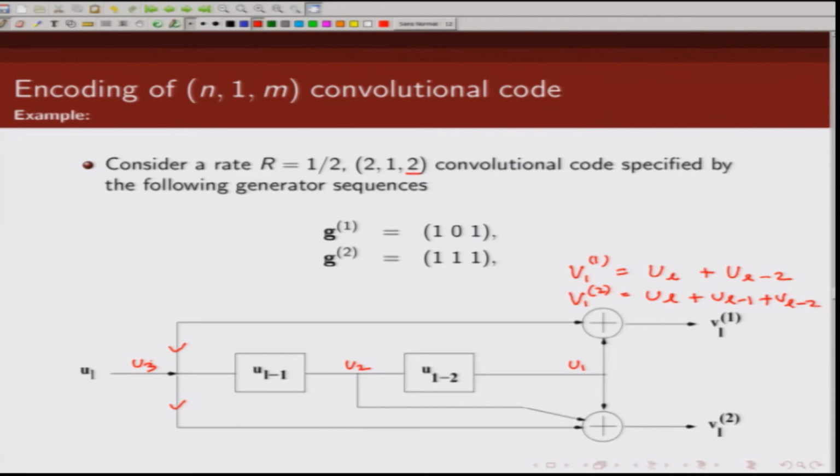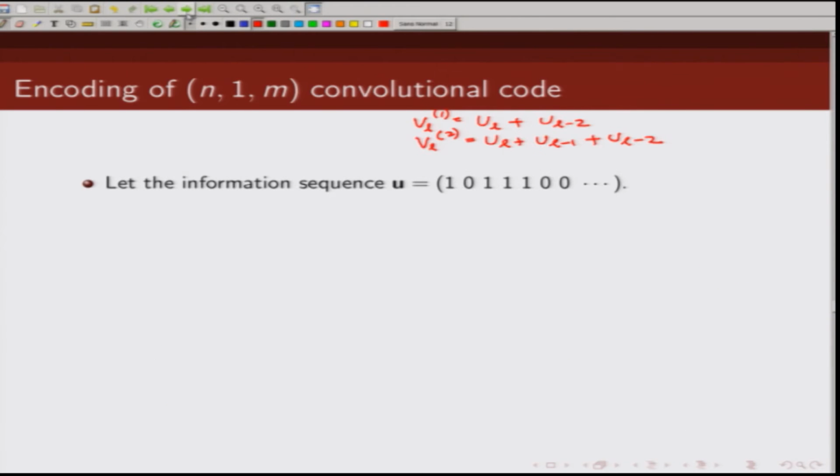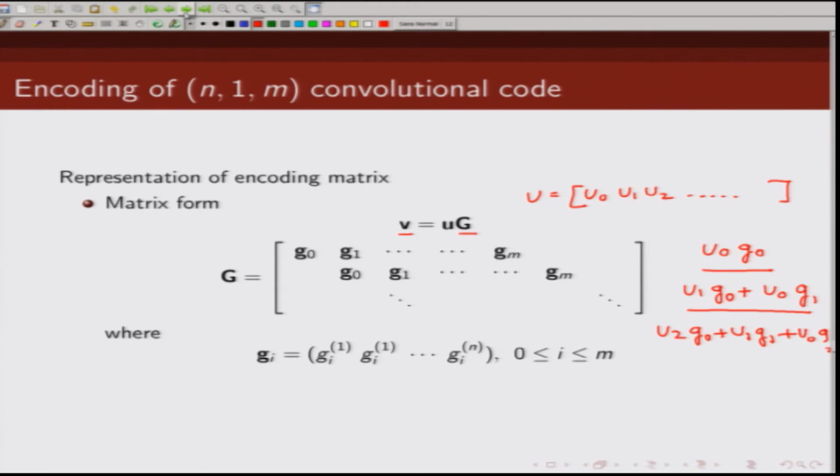It is U3 times G0 plus U2 times G1 plus U1 times G2, and U0 does not appear because the memory order of this code was 2. So, what is the output in this case, third instance? This will be U3 times G0 plus U2 times G1 plus U1 times G2.